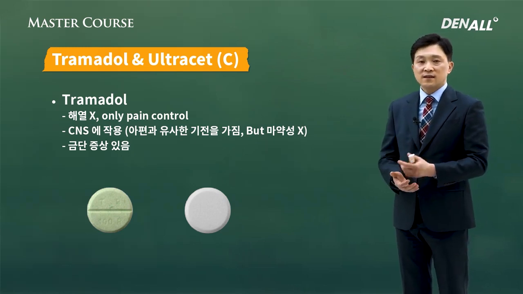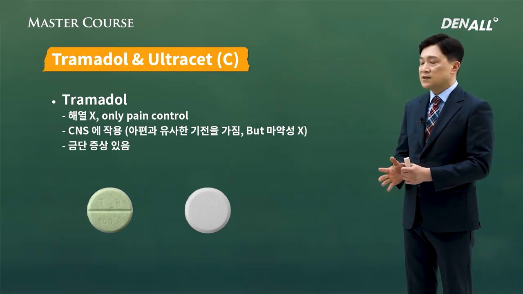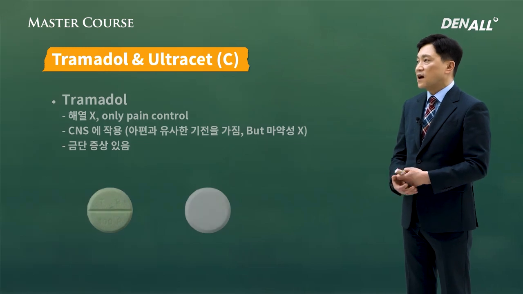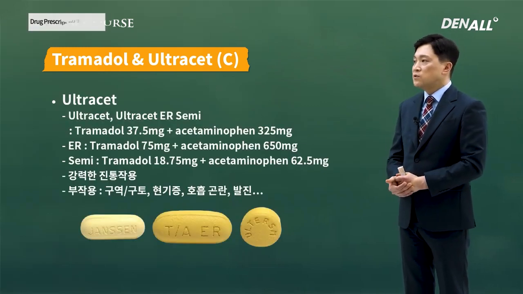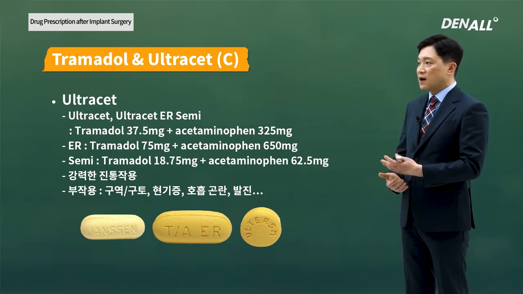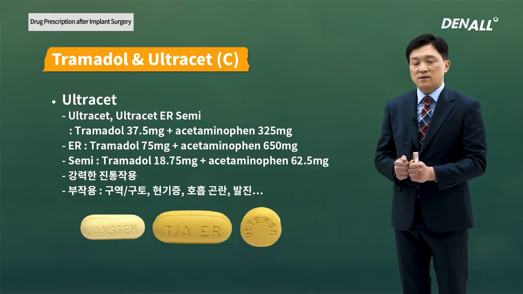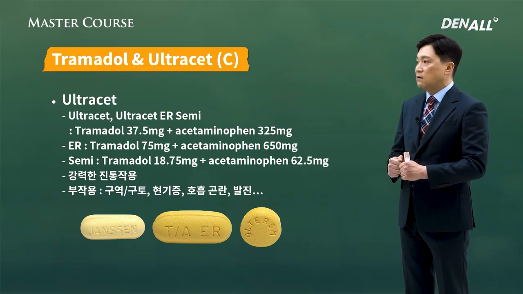The NSAIDs that we use work on the peripheral nerve, but tramadol works on the CNS, and there are withdrawal symptoms. Ultraset is discussed together with tramadol because Ultraset is a combination of acetaminophen and tramadol. It is made by Janssen Korea.